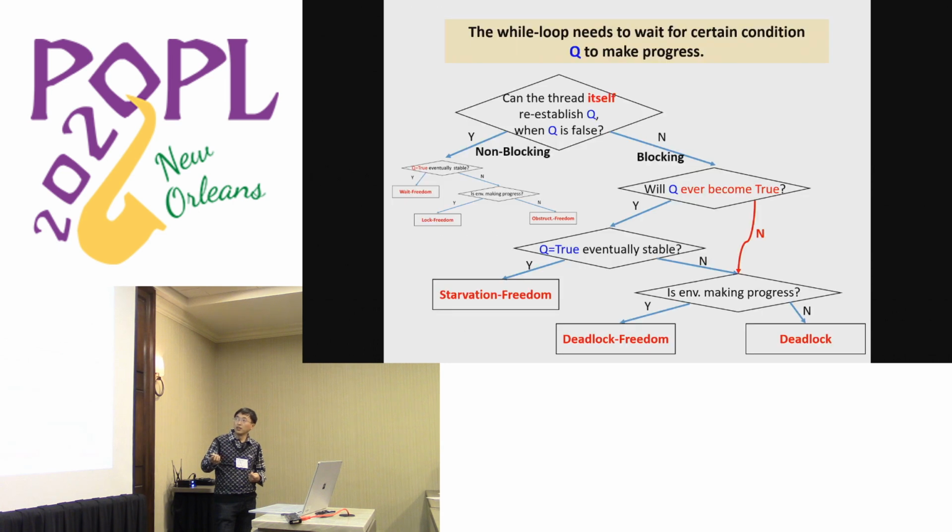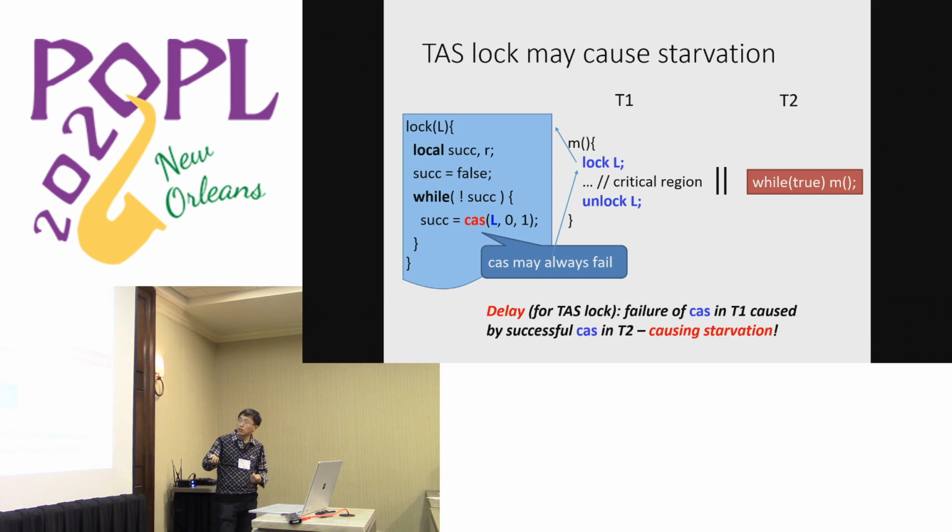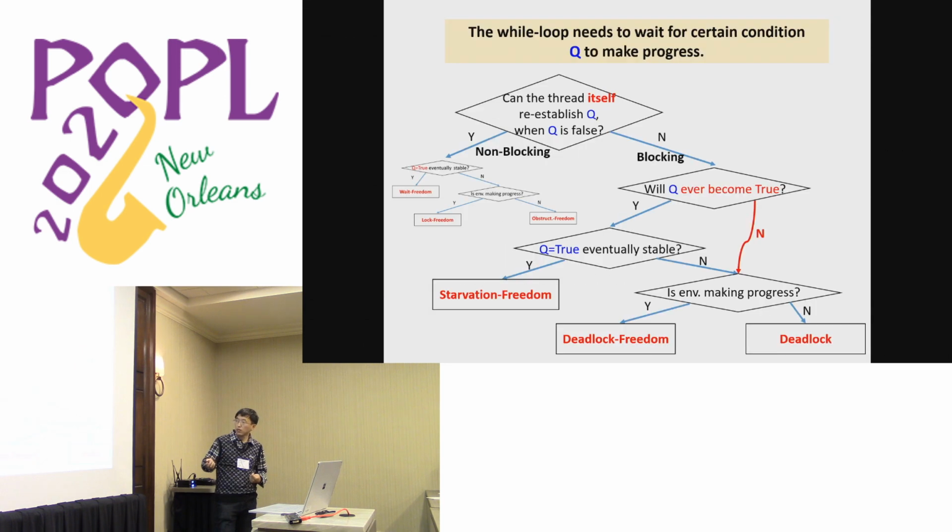In this figure, for deadlock freedom, we may follow this path, which means there might be an infinite number of delays. Also, we could follow this path, which means there could be permanent blocking here. They all allow a deadlock-free algorithm.